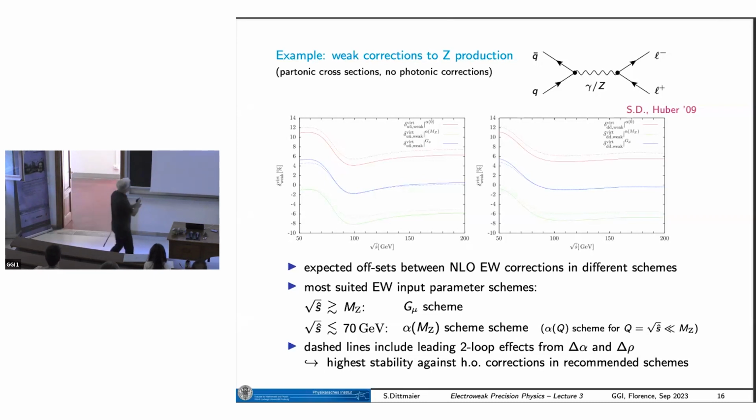And you see the difference between dotted and full. It should ideally be small because this would mean you are stable against large two-loop corrections. And again, you see here that the difference is smallest here for the G mu scheme and here for the alpha of MZ scheme. So this was my motivation, to make the prediction as stable as possible with respect to corrections that I have not yet fully controlled.